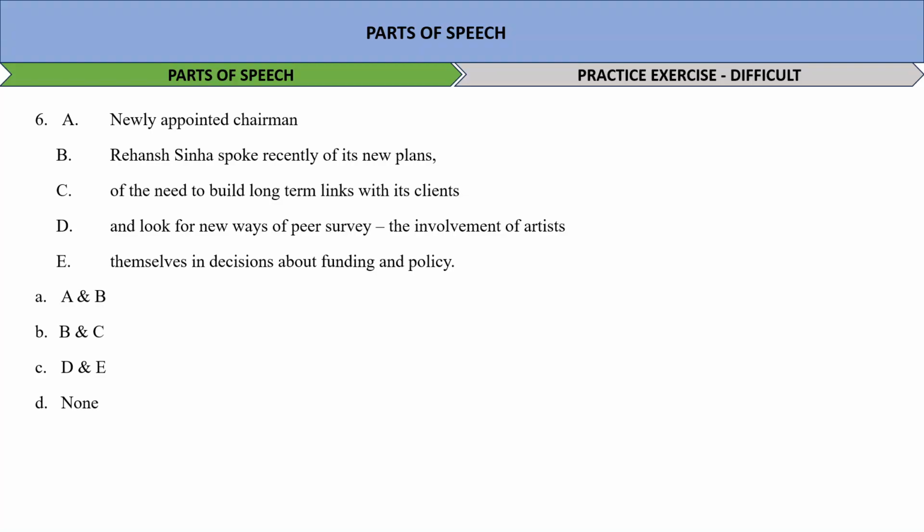Now, newly appointed chairman Rehansh Sinha spoke recently of its new plans. So, for a person who is Rehansh Sinha, he's a human being. Why am I supposed to use its plans here? It should be his new plans, isn't it?